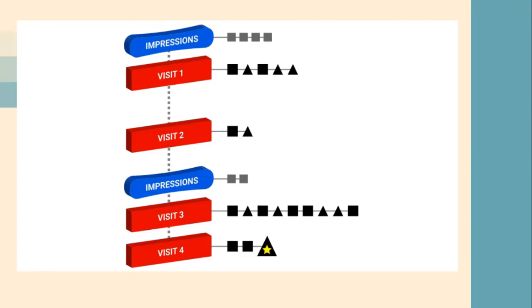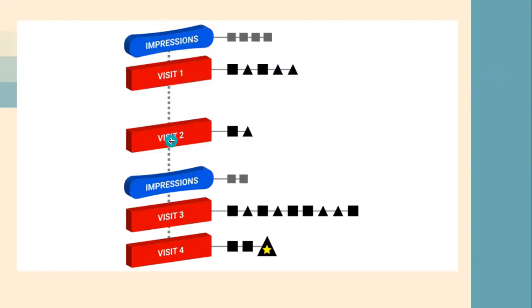So we have to put impressions in context with the rest of the journey. We need to tell the model that it should understand the value that each impression holds for the individual, right? So here we see that first there were impressions before even entering the website, before even the first visit.